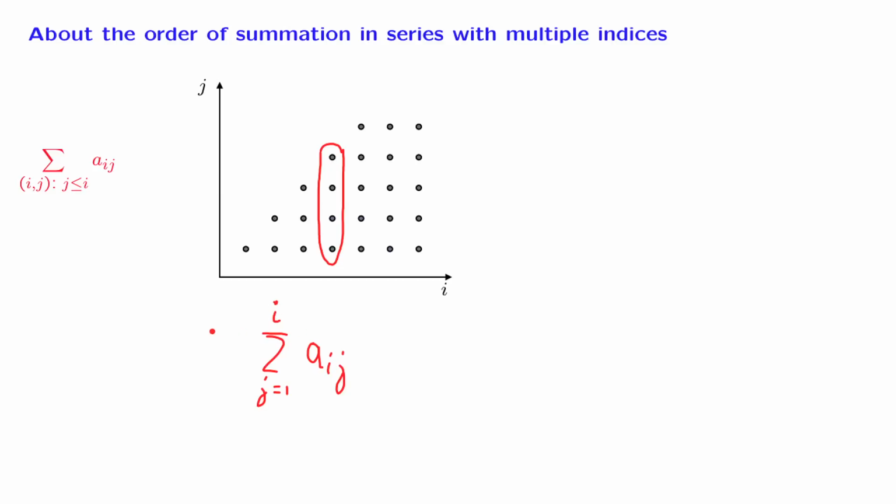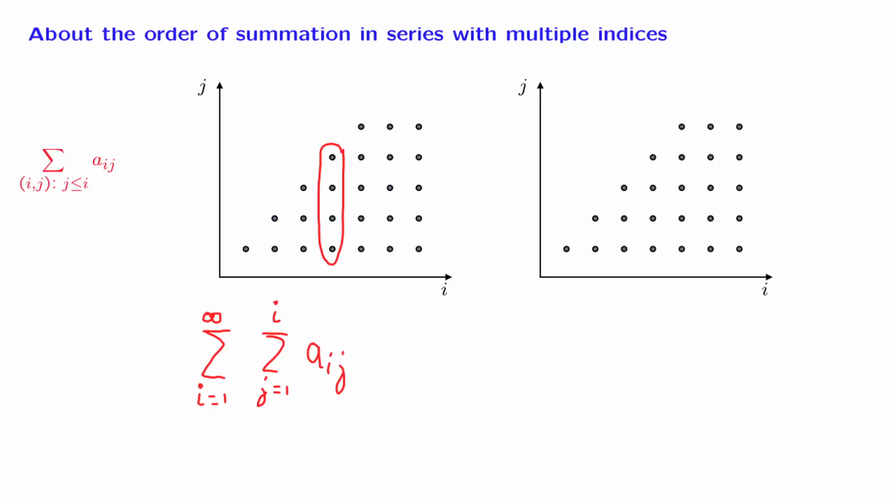We do this for every value of i, and so we get a number for the sum of each one of the columns, and then we add those numbers together. So we're adding over all i's, and i ranges from 1 up to infinity. This is one way of carrying out the summation.